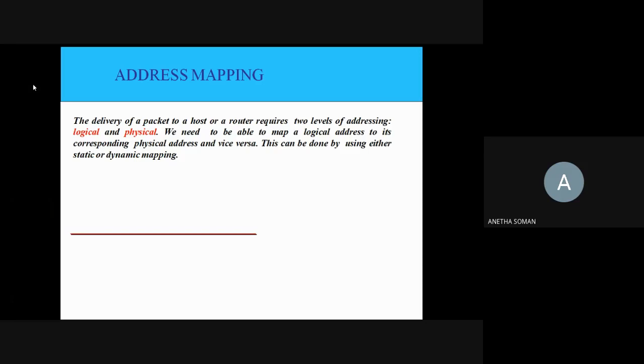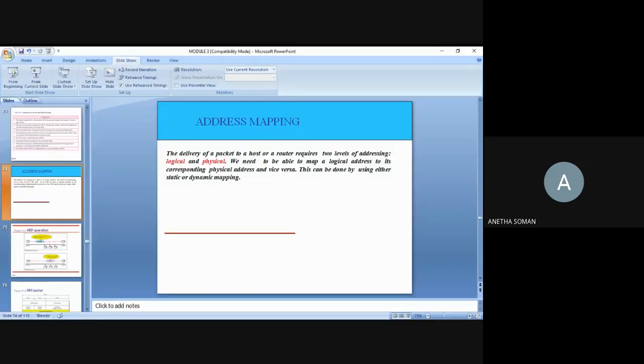As you all know, an inter-network is a combination of many physical networks. All these physical networks are connected by inter-networking devices, in the sense that you make use of routers to connect them. Suppose you want to pass a packet from your source host to the destination host.